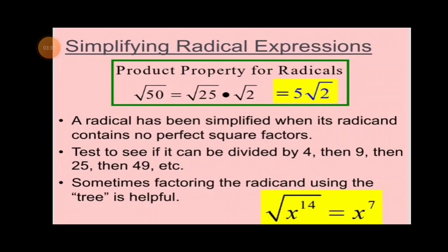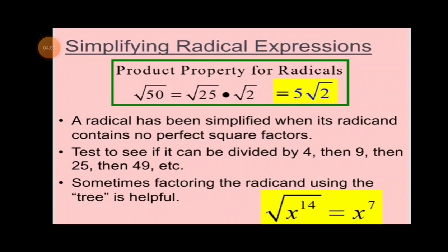Since 25 is a perfect square, you don't need to put the radical sign, and 2 is not a perfect square, so you need to copy it. So we have the square root of 50 is equal to 5 square root of 2.